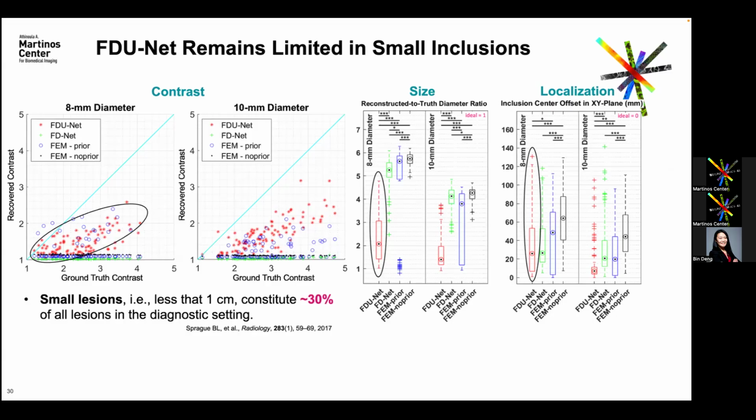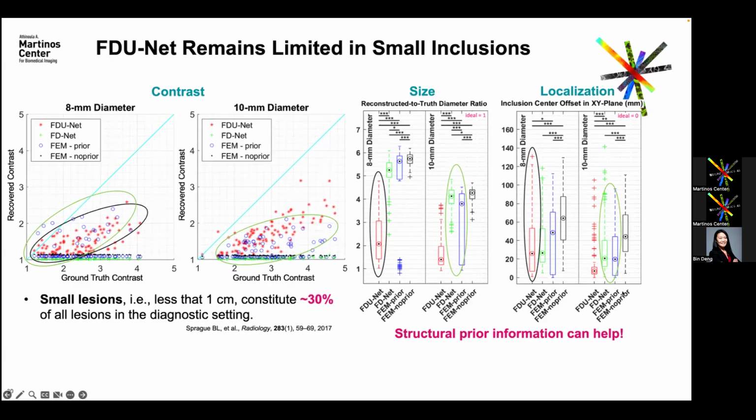And also for therapy monitoring, if the tumor is responding to the treatment, the size will shrink, so size accuracy for smaller sizes is important. With this much contrast recovery, we have very limited sensitivity to small lesions. And with size inaccuracy, you will have false positives. So that's not great.